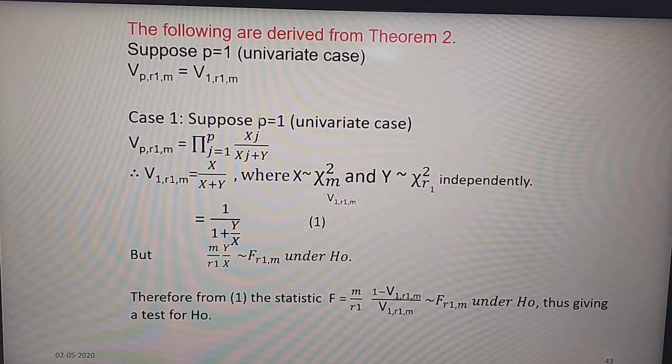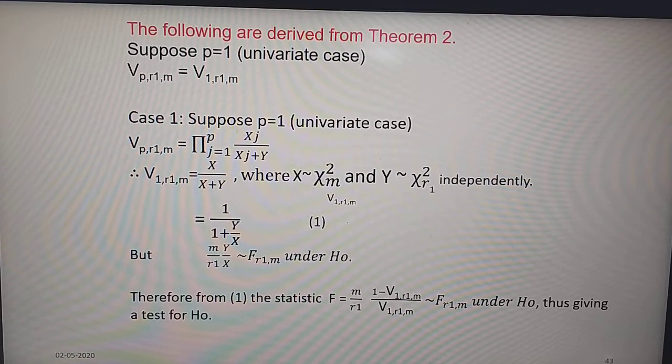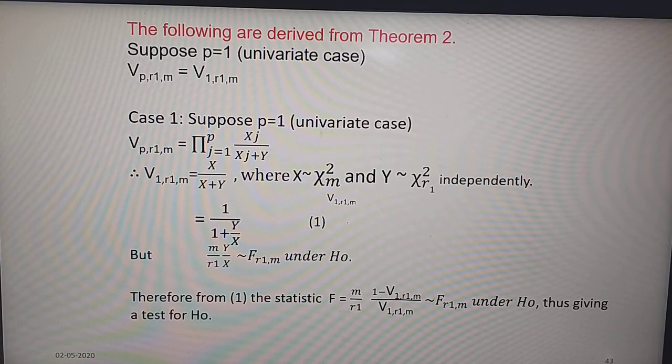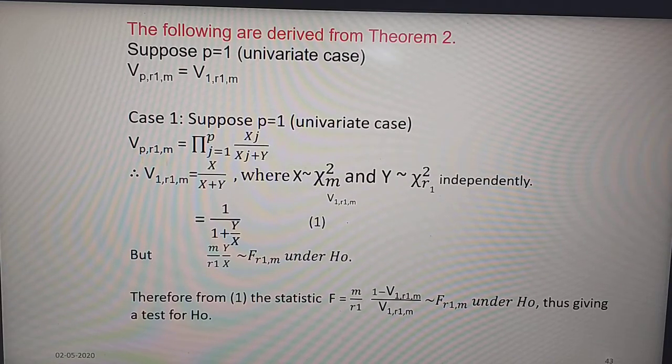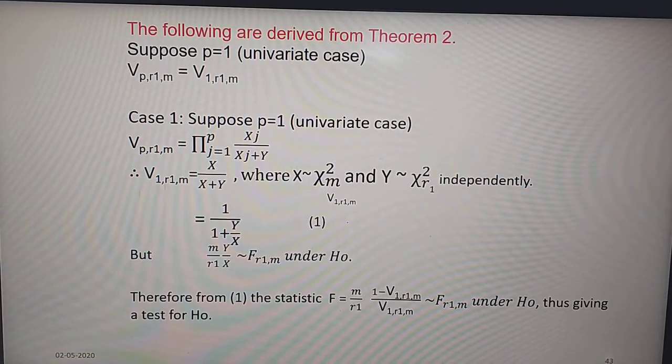As a first particular case derived from this theorem, case 1 is when p is equal to 1, that is, the univariate case. V(p, r1, m), we have done this already.